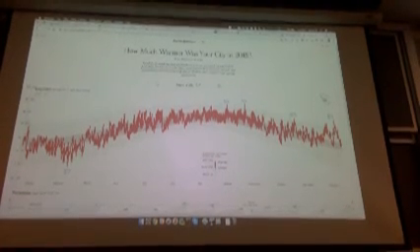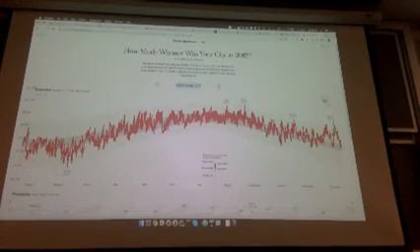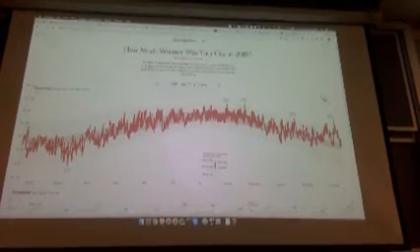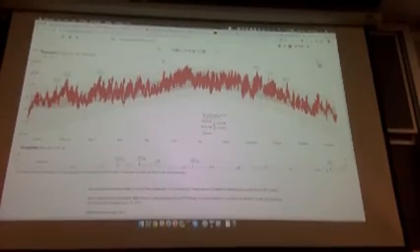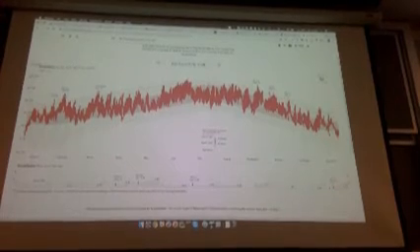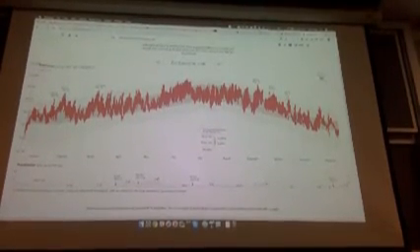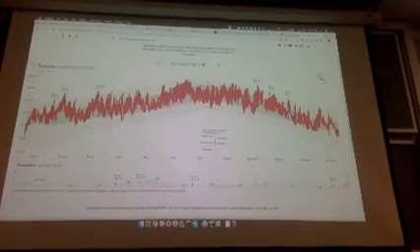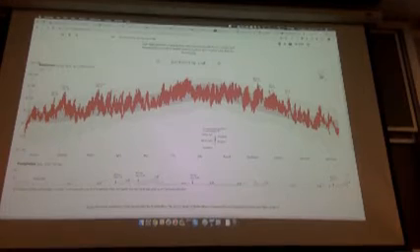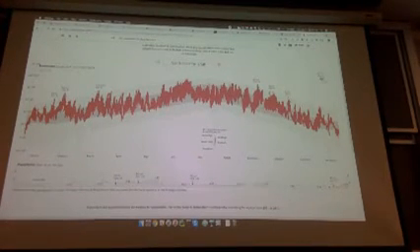But what's really cool about this is that you can put in your hometown. You can say Salt Lake City. And now you can look at how that year went in Salt Lake City. You can see that there are a couple of months in June that were extremely warm, but they didn't have a record day. But then there were some record highs in September, October, and the beginning of November.